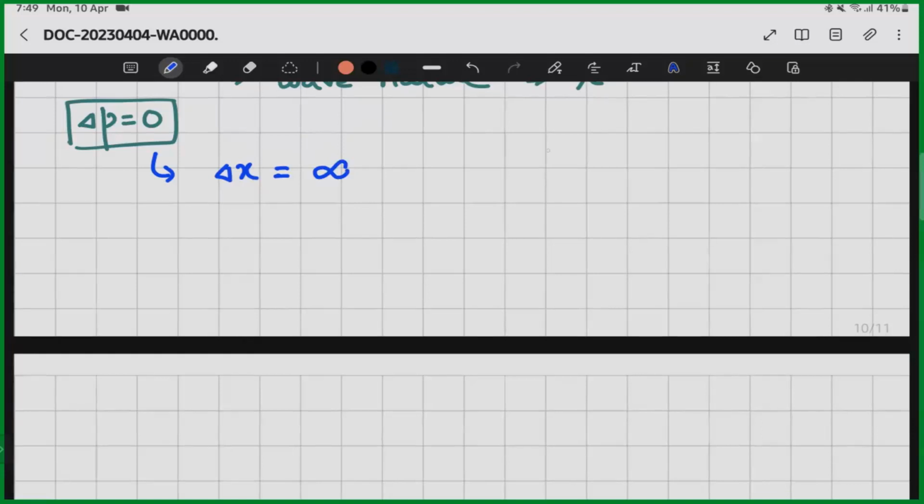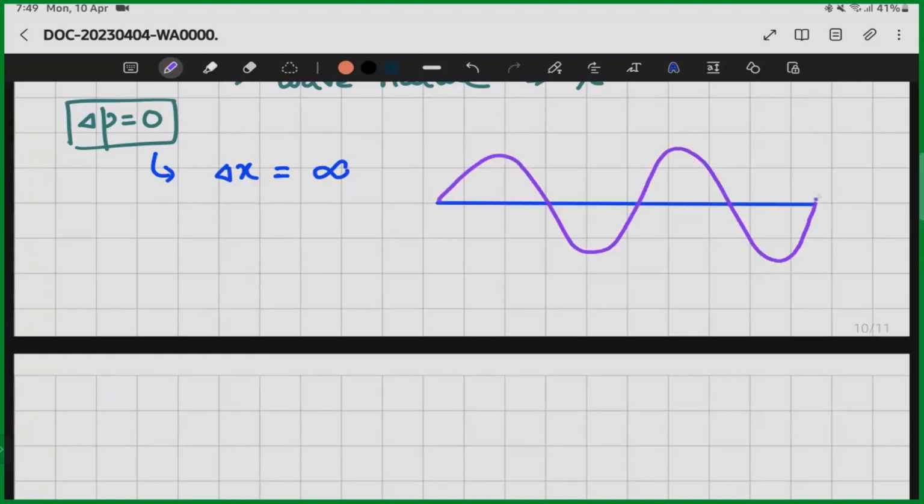It means that this is the matter wave and it goes on. What is the lambda? It's very important to understand. This distance is the wavelength, lambda. As we are making lambda precise, the x is not bounded, it is infinite. That means the uncertainty in position is infinite.